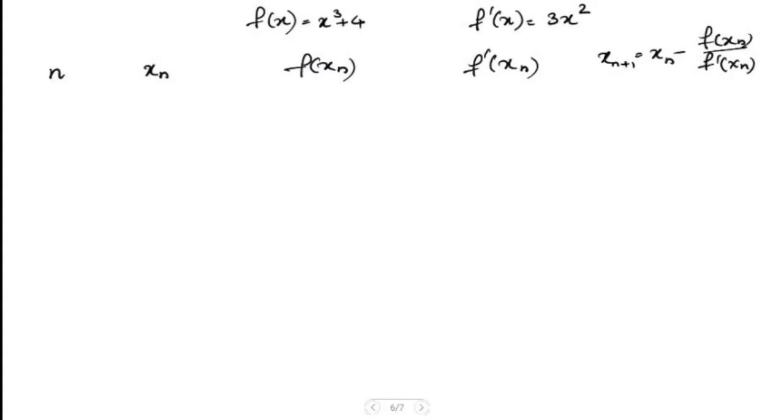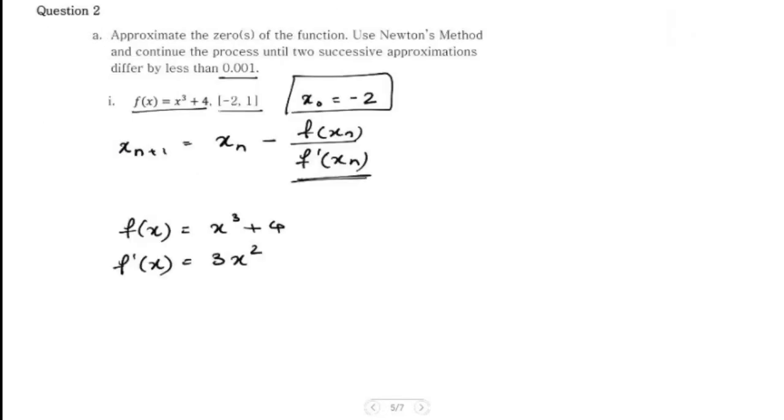Okay, so now let's start here. For the first one, we have to find x1. Maybe I'll start from 0 because I wrote 0 here, or we could just say this is x1.